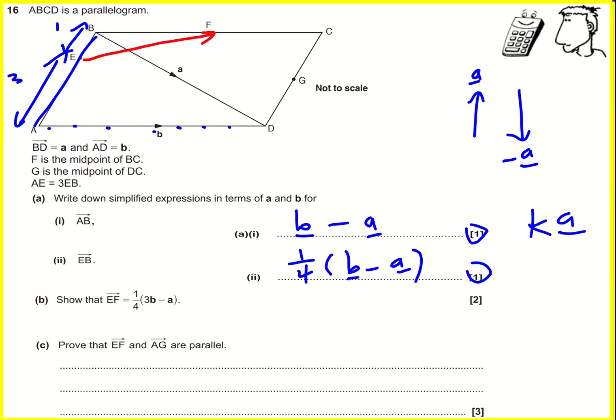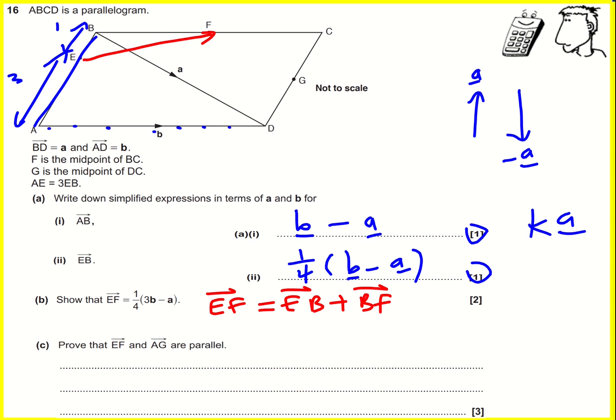Right, now I can write down, this is jumping to mind as I'm doing it. EF is going to equal EB, which I have, plus BF, which I don't have at the moment. But I am told that F is the midpoint of BC.